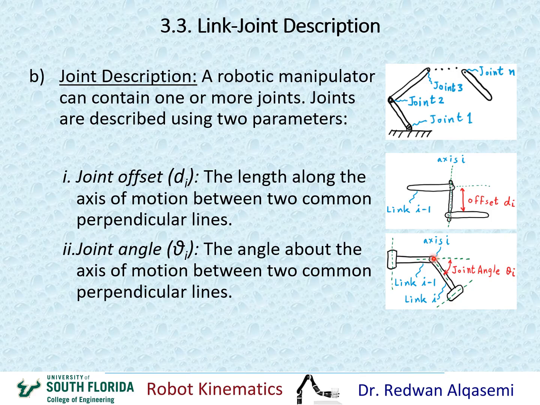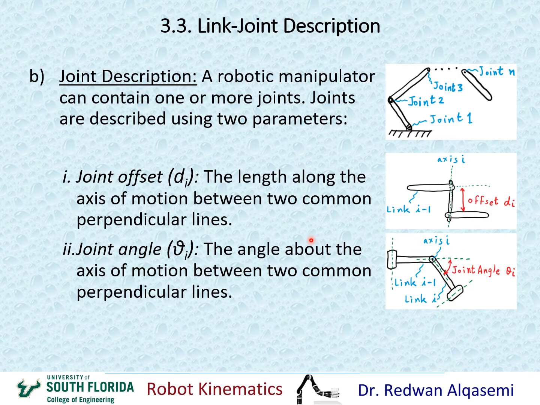So this is our joint. As this joint moves, the common perpendicular line here and the common perpendicular line here will start moving as well. So the angle between them will be changing as well if it's a revolute joint. Okay, so this would be the angle. This is the first common perpendicular and the second common perpendicular, and this is joint angle theta I.